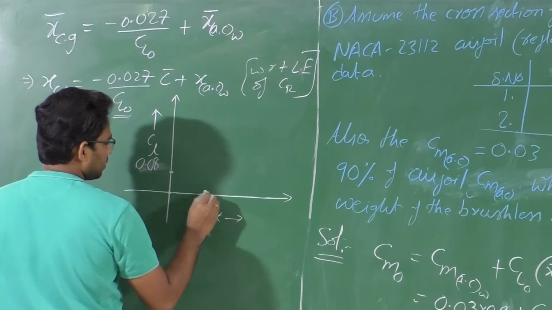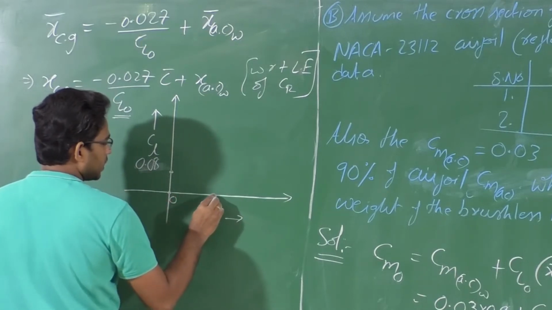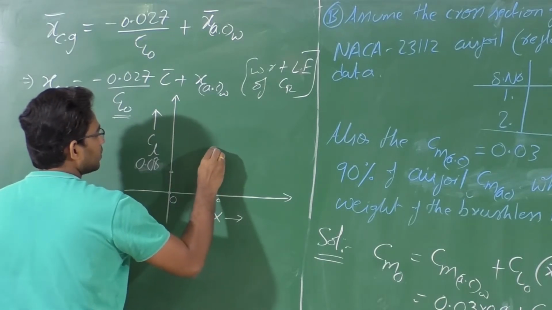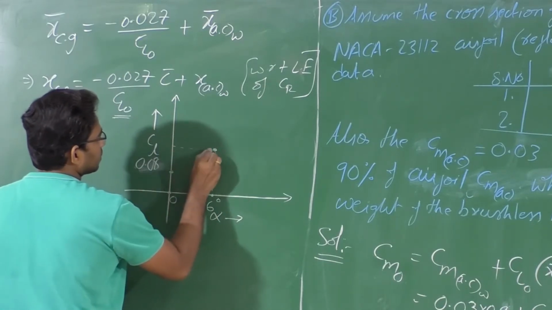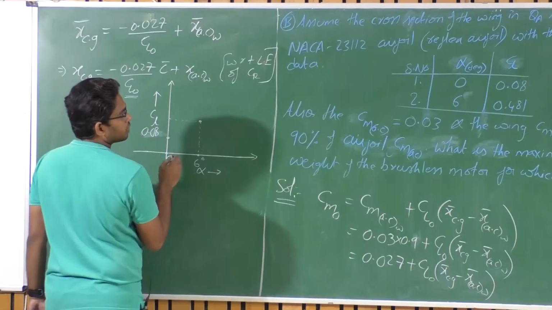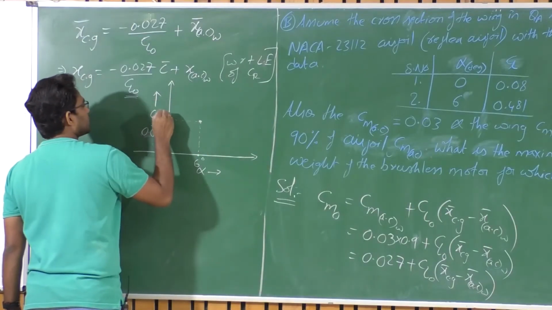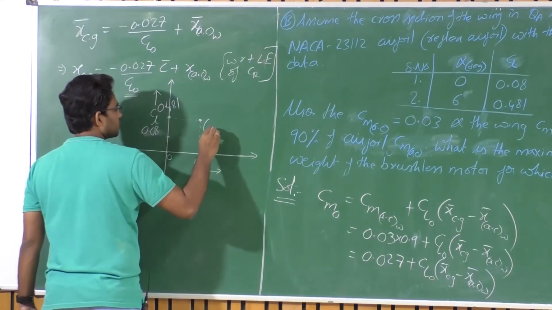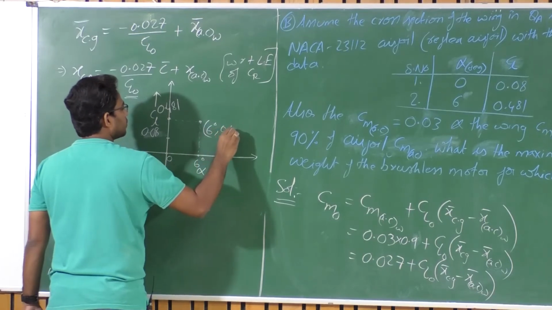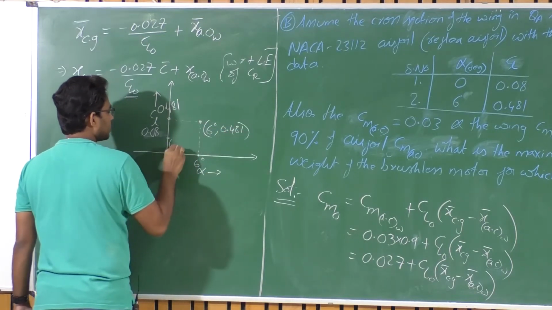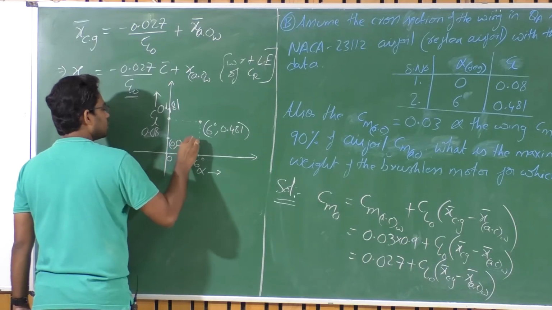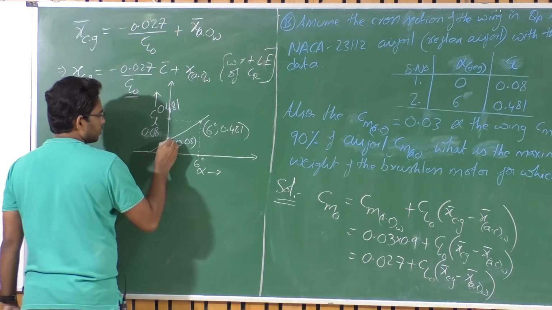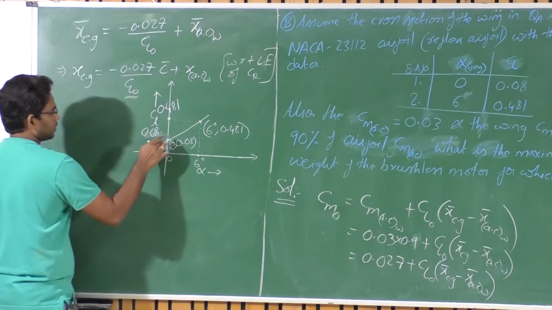And there is another point at 6 degrees angle of attack, where CL is 0.481. So this coordinate corresponds to 6 degrees comma 0.481, and this coordinate corresponds to 0 comma 0.08. Say this is the linear regime that I am considering.